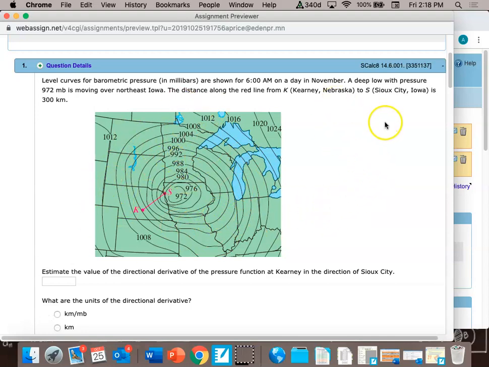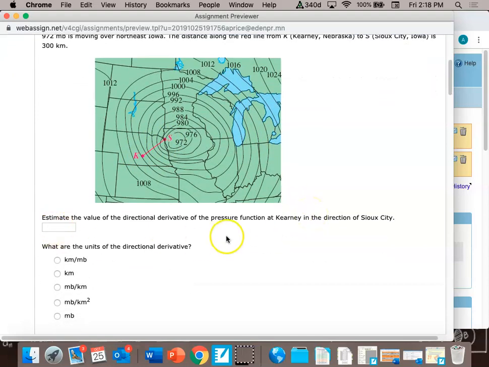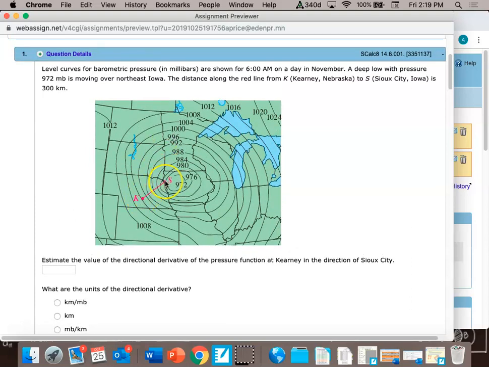A deep low with pressure 972 millibars is moving over northeast Iowa. The distance along the red line from Kearney, Nebraska to Sioux City, Iowa is 300 kilometers. Estimate the value of the directional derivative of the pressure function at Kearney, that's here, in the direction of Sioux City. You have to approximate the directional derivative.